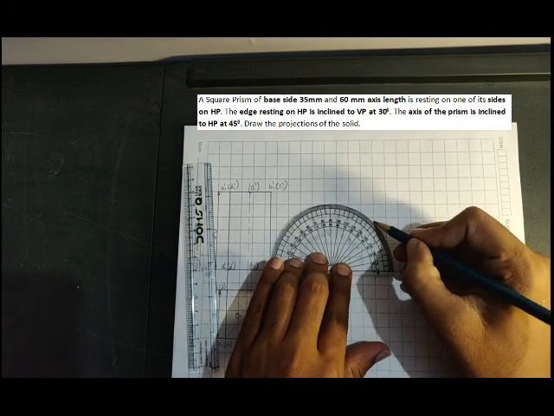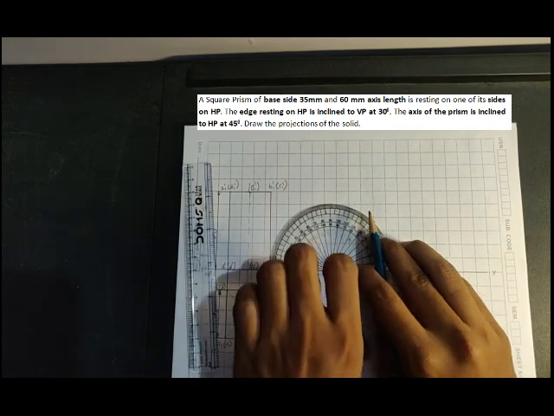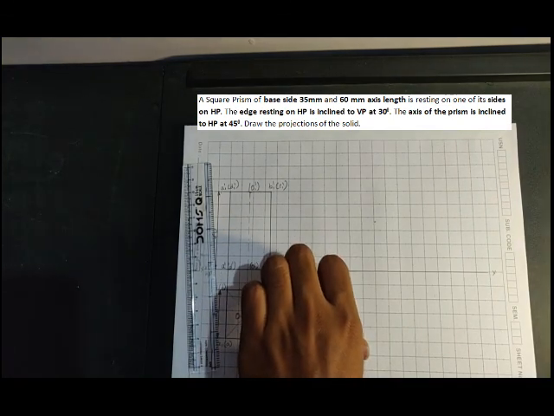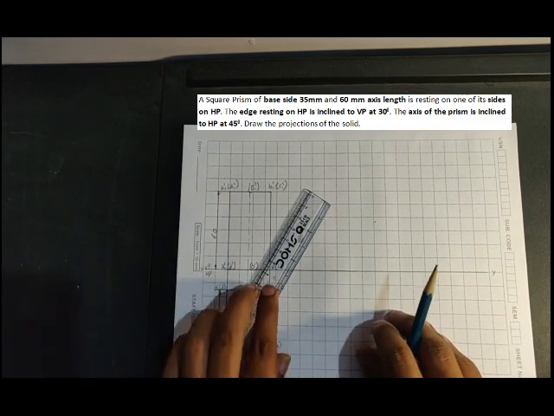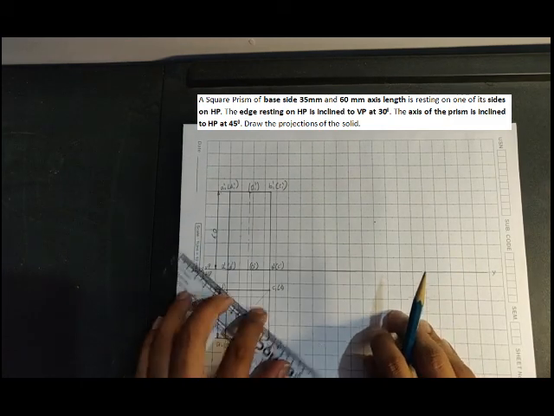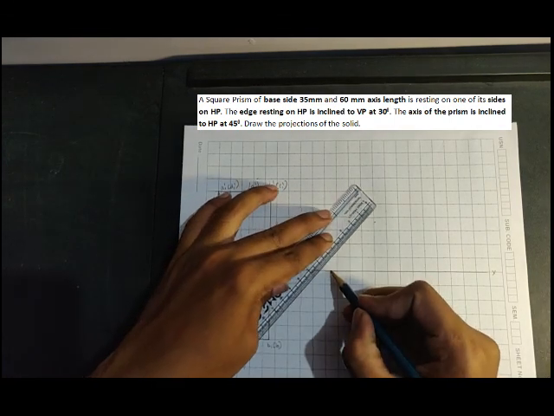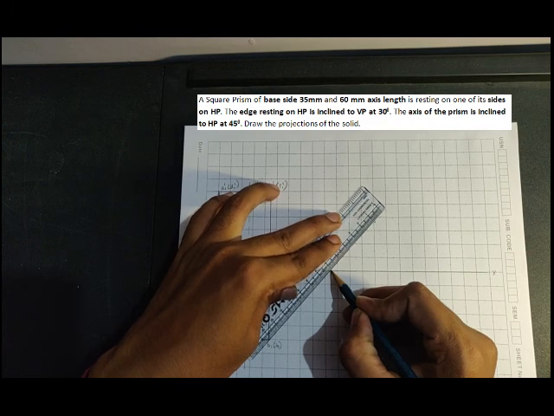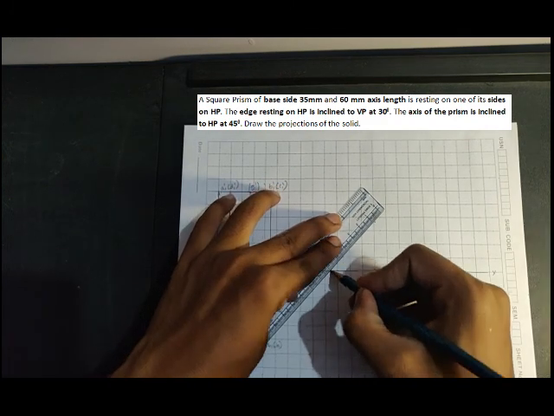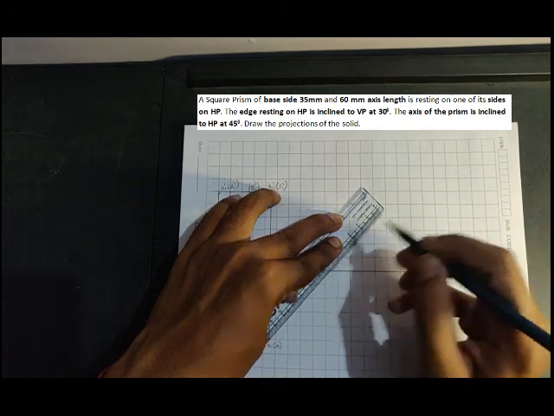So I'll find out 45 degrees and draw 45 degrees, correct? Now use the scale. I need to draw 60 mm. As I know, I need to draw a 60 mm height here. So I'll take this as 6 here, I'll move and draw a 60 mm line here, inclined at an angle of 45 degrees.